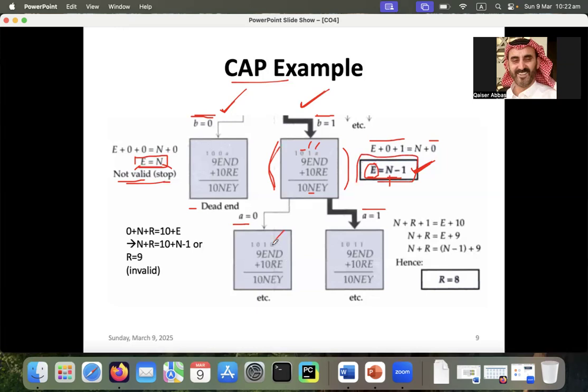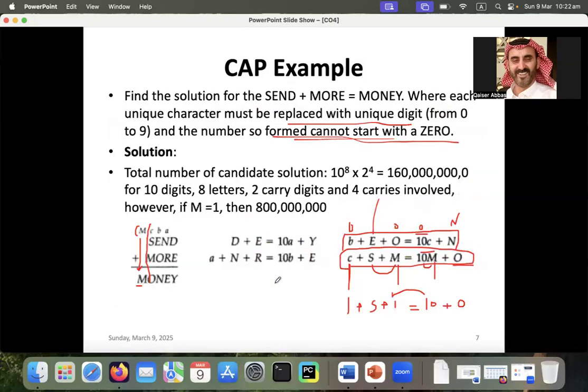So now this equation will become 0 plus n plus r is equal to 10b plus e. After putting values, you can directly find the equation from here, or you can go back and find this equation.